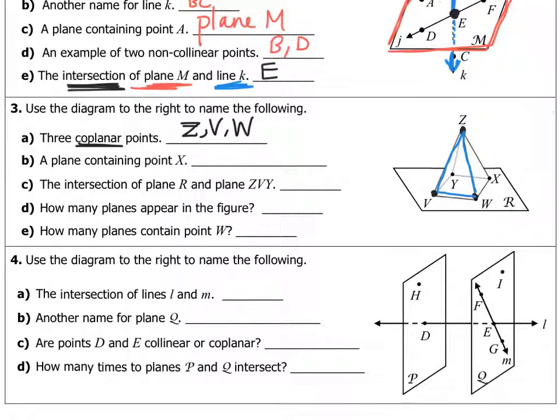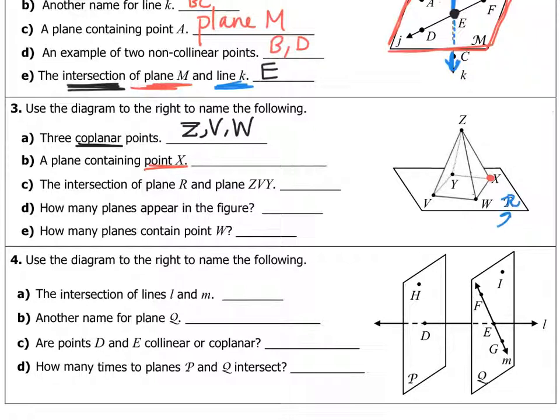For 3B, a plane containing point X. So I see that point X is located right over here. So a plane that contains point X, we could refer to plane R. So plane R, notice it's in that script form.